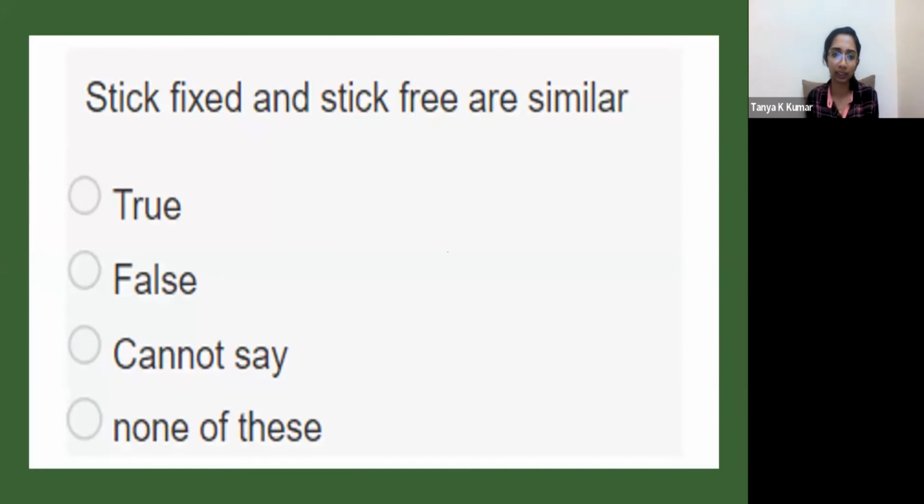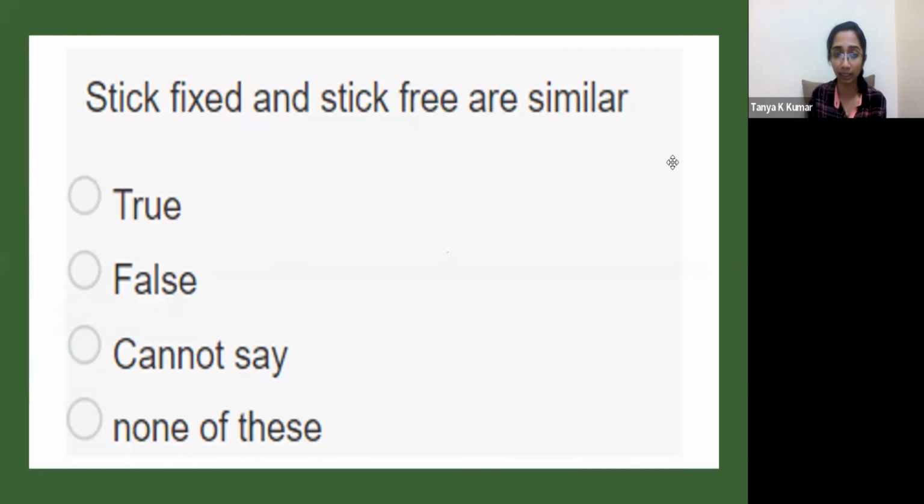So these are a few questions that most of them I think are from your current assignment. So I will not be giving you answers, but we'll just go over that. Stick fixed and stick free. One second. Stick fixed and stick free, neutral point or whatever, they are similar.